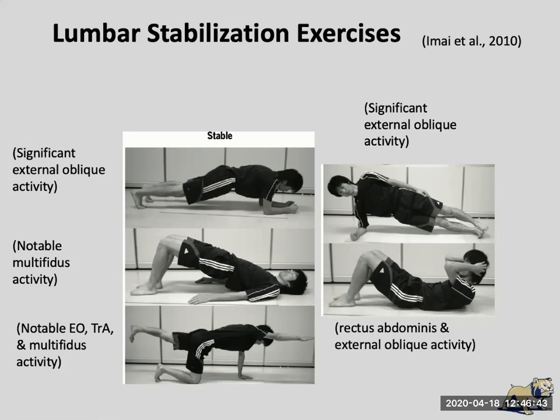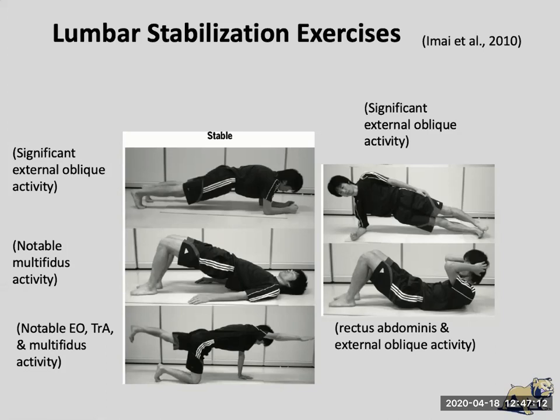So straighten their left knee and then bring it back down, and then straighten their right knee and bring it back down. And on the bottom there in the left column, we see our bird dog, as many people commonly refer to it, I guess because it looks like a pointer dog in the field. But maybe just starting with a single arm lift or a single leg lift, and possibly progressing on to alternating upper extremity and lower extremity.